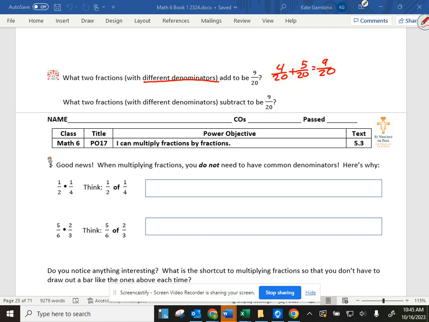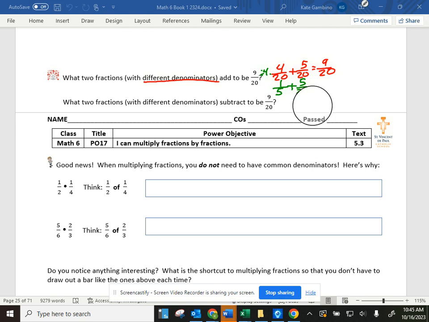Madeline, I can simplify them. So I could divide out a 4. I could divide it by 4 and say, okay, so 1/5. 4 divided by 4 is 1. 20 divided by 4 is 5. Plus, I could even just leave it 5/20ths because they're different denominators.